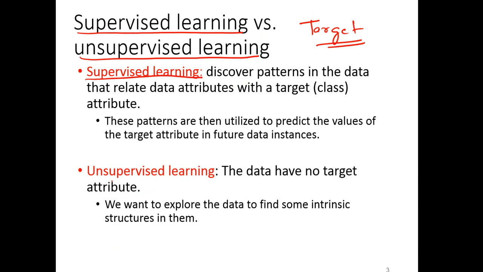And whenever we have unlabeled data, that means there is no target variable, we just have the attributes or the features alone without having a target, then we use unsupervised learning. Okay, so that's the basic difference between supervised learning and unsupervised learning, and these two are probably the most popular set of learning algorithms we use in machine learning.